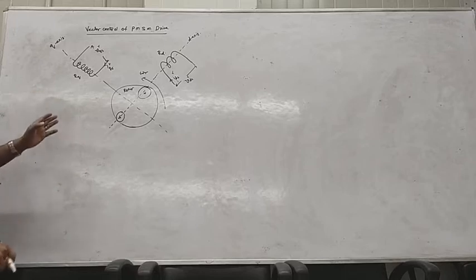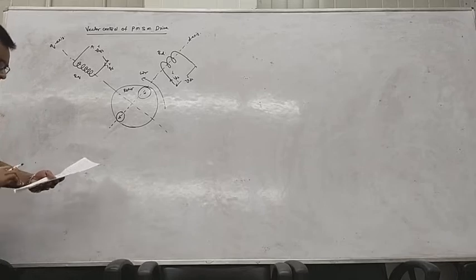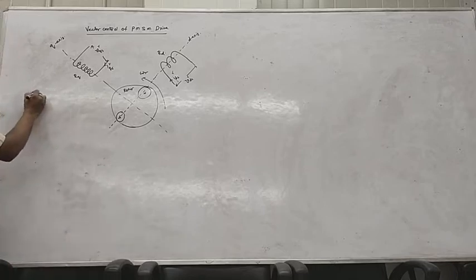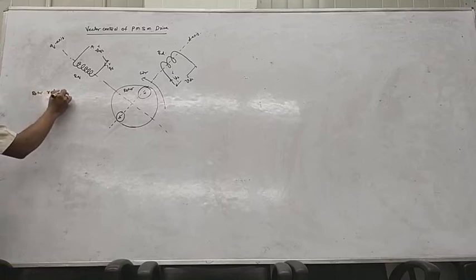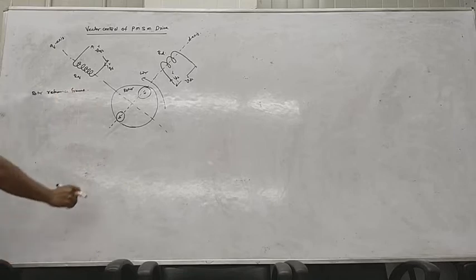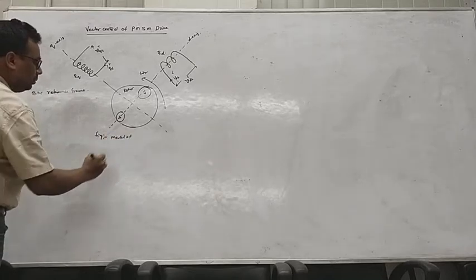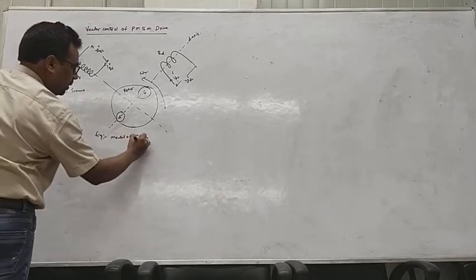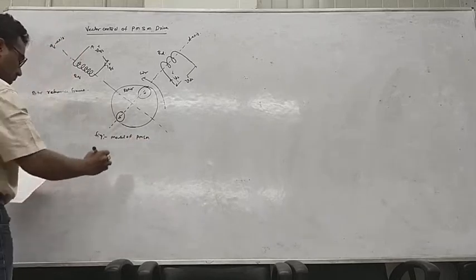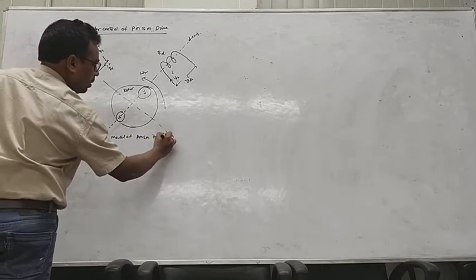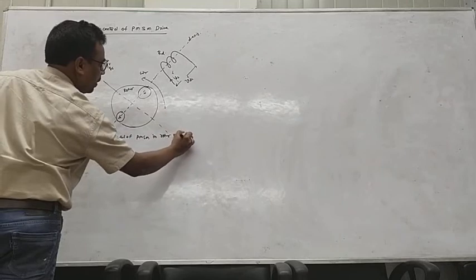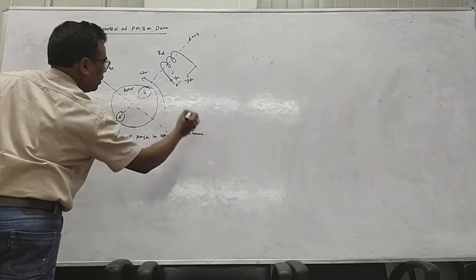So what we are doing is vector control in the rotating reference frame, the rotor reference frame. This figure is the model of the permanent magnet synchronous motor in the rotor reference frame.